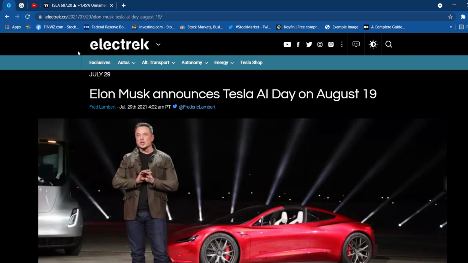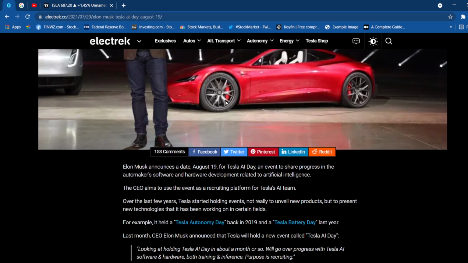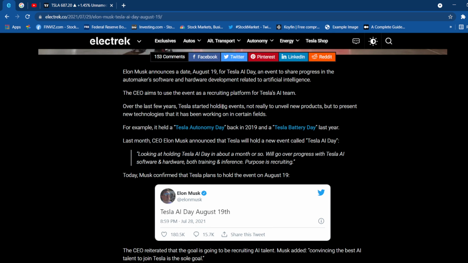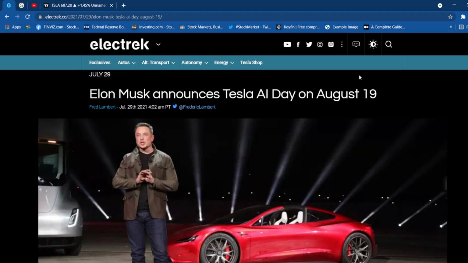One thing, okay, the main catalyst for Tesla is the AI day on August 19th. This is a pretty big catalyst for Tesla, because we haven't gotten a bigger catalyst in a while now, after the battery day. So this is going to be huge on August 19th.